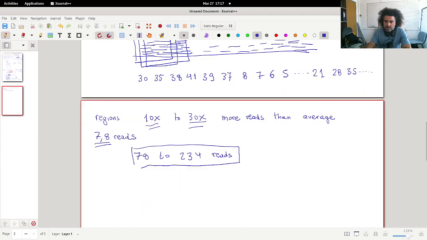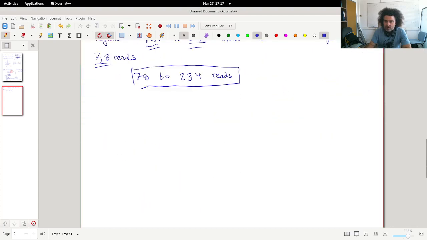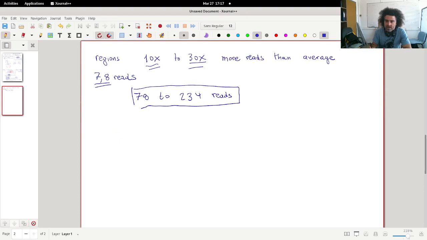Okay, and let's say that we have now identified, I will just put a number here, 50 such regions. And let's say that one of them is this one.